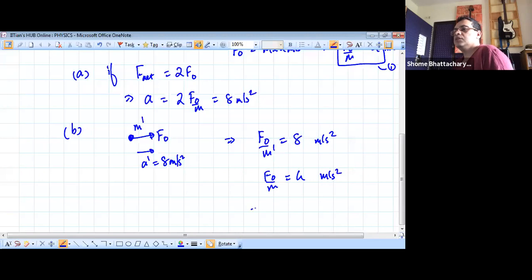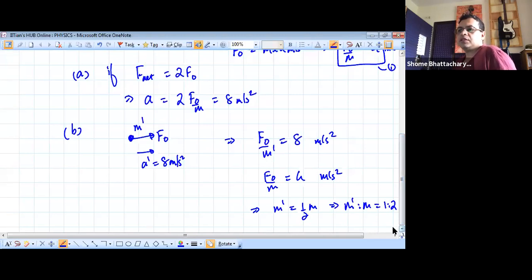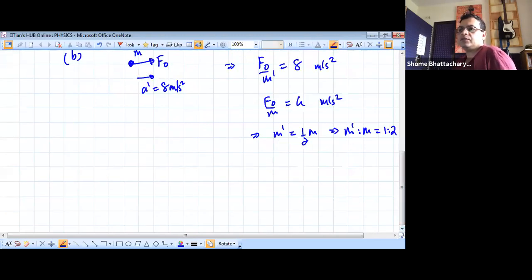So from this you can see that the ratio of the masses will be such that m prime will be equal to half of m, or m prime is to m will become 1:2. Right? So now you are applying Newton's second law on the second object which has a different mass, but under the action of the same force, its acceleration becomes 8.